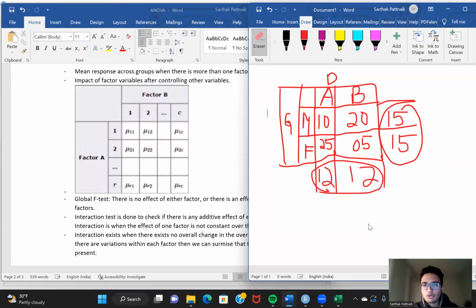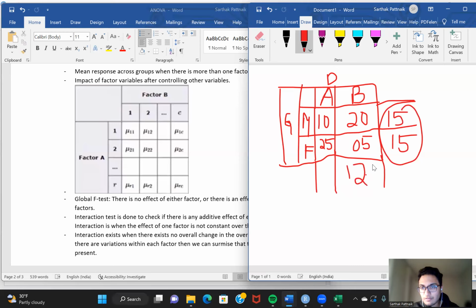Oh sorry, I'm wrong over here. Let me correct this quickly. So 20 plus 5 is 25, divided by 2 is 12.5. This is 35, and 35 divided by 2 is 17.5. So these two are not the same, but this marginal mean is the same. So because the marginal mean of drugs varies, we can say drugs has a significant effect on my parameter. Gender doesn't have that much.